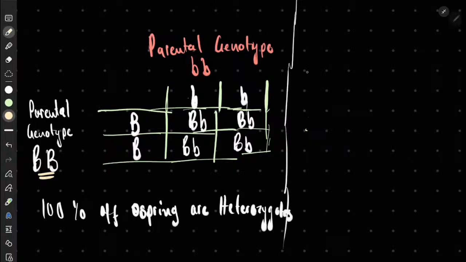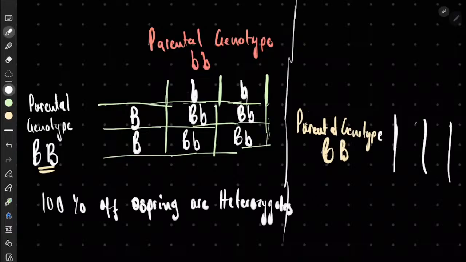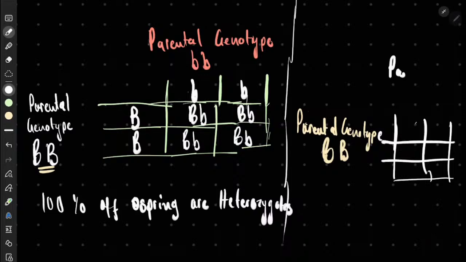Now we are going to check what type of offspring you get when you have a parental genotype of a heterozygote. Then again the parental genotype.